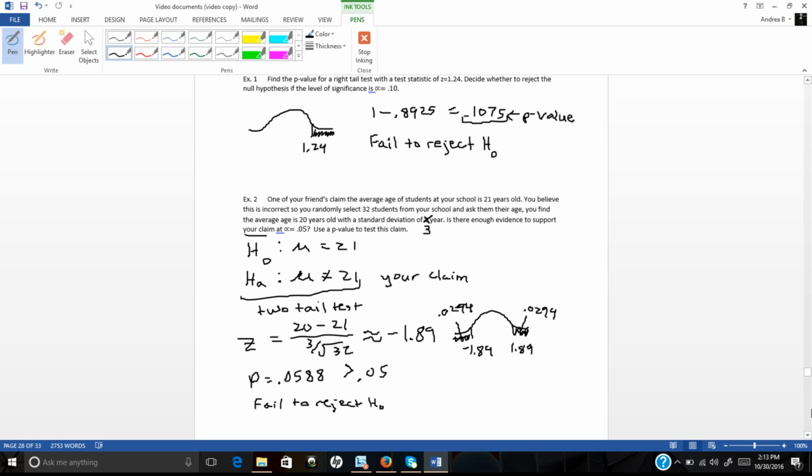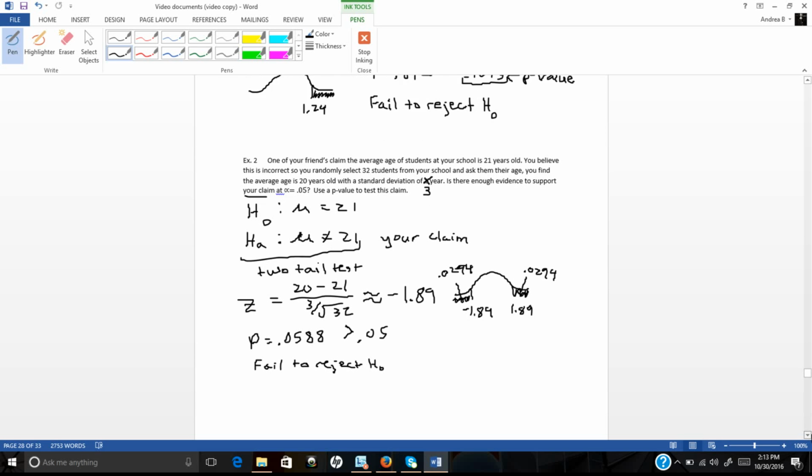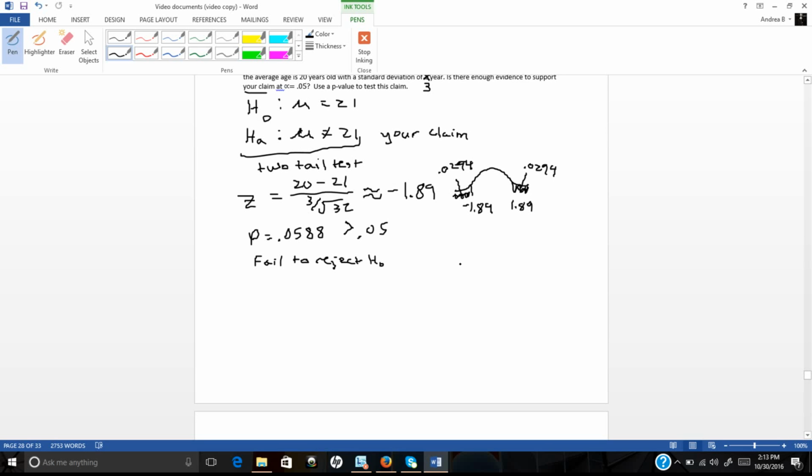And then in general for these, whenever you're trying to test the claim, you should also have your interpretation here. So in this case, if you fail to reject H0, just get in the habit of once you state that conclusion, also explain what this means.